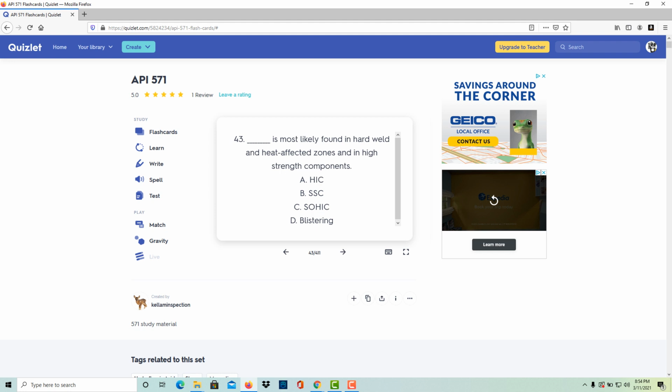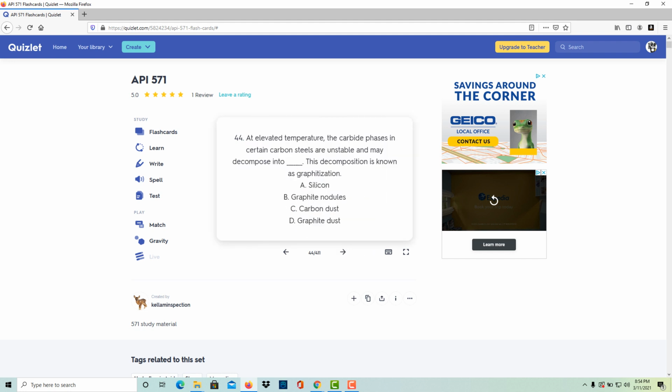What is most likely found in hard weld and heat affected zones and high strength components? High strength components, I think that's SSC. Some type of stress corrosion cracking. I know if you have high strength materials, that tends to happen.